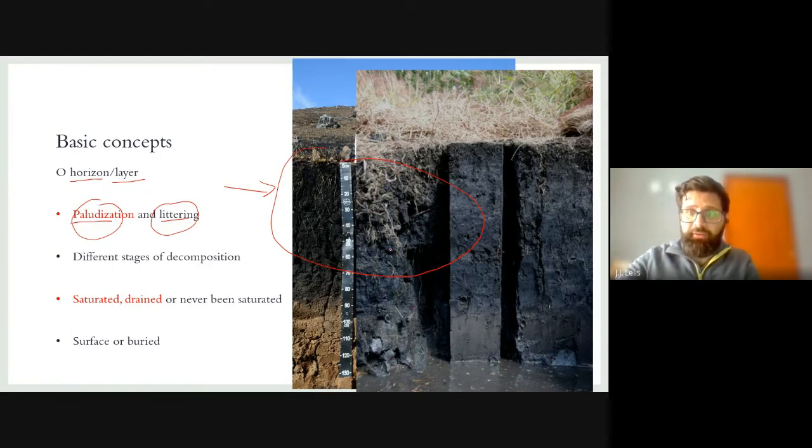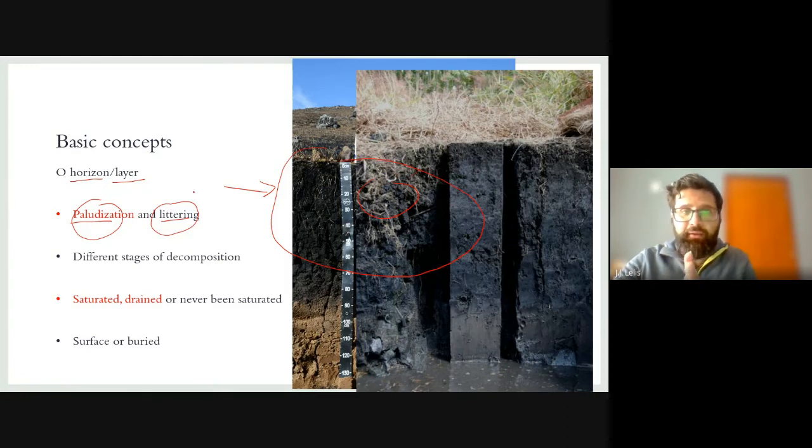So according to the WRB, this is an H horizon, or H layer, depending on whether it has structure, if we can identify peds here. How can we identify some peds here? This is a horizon, so it's an H horizon, okay?